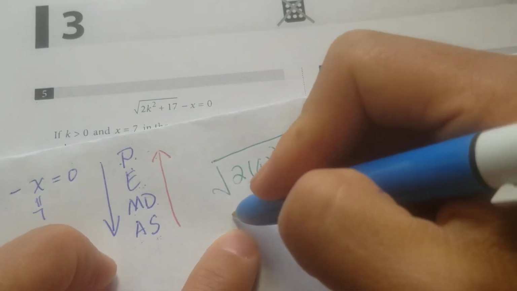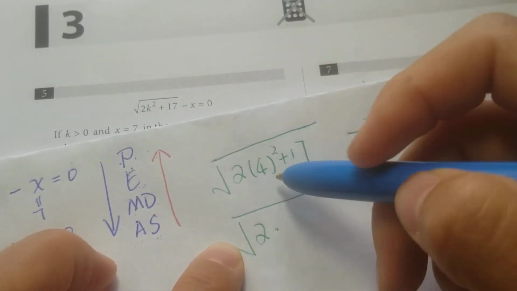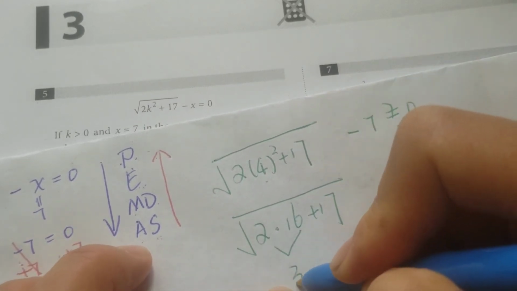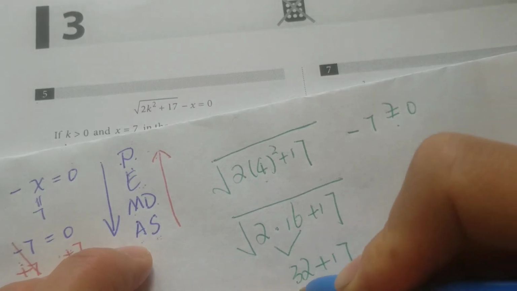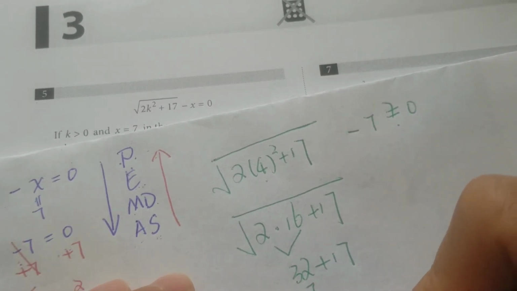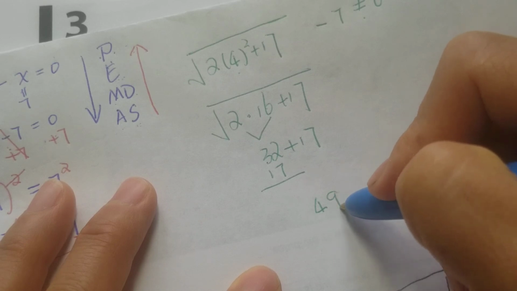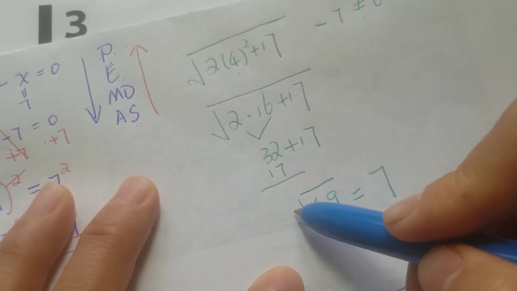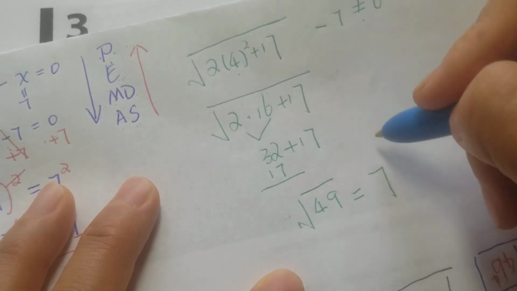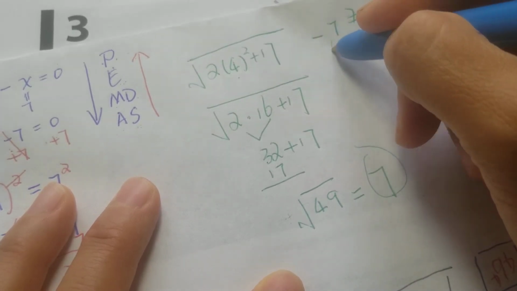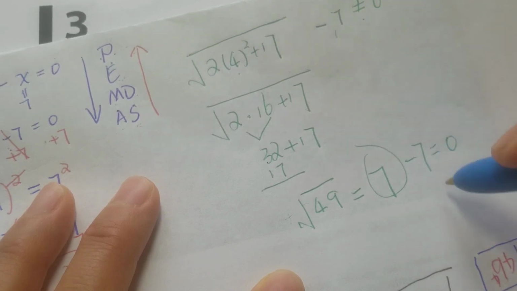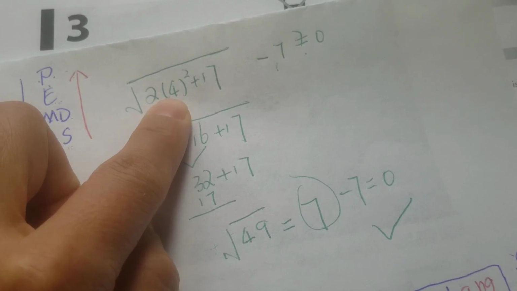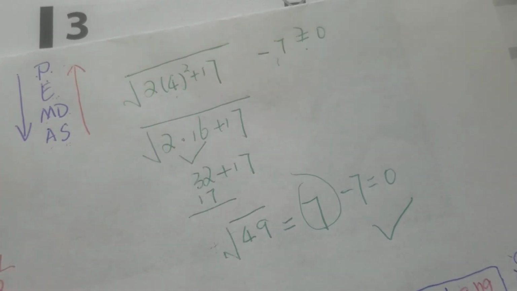So 2 times 4 squared, which is 16, is 32, plus 17, which is 49. So square root of 49 equals 7, because this is a positive square root. And then 7 minus 7 does equal 0. So we confirmed our solution. Your k equals positive 4 is the solution.